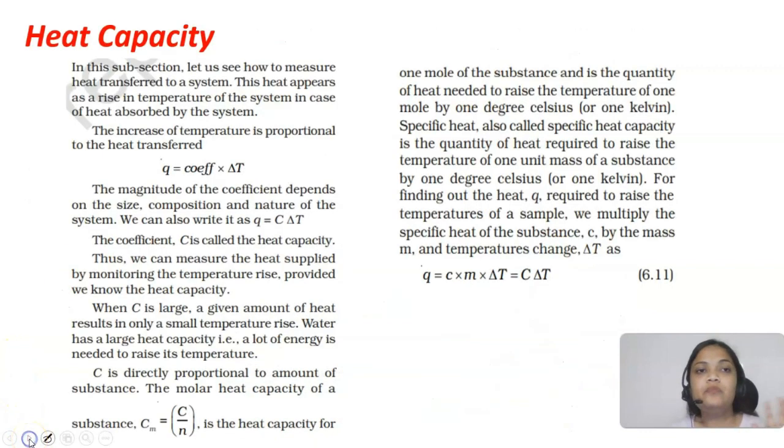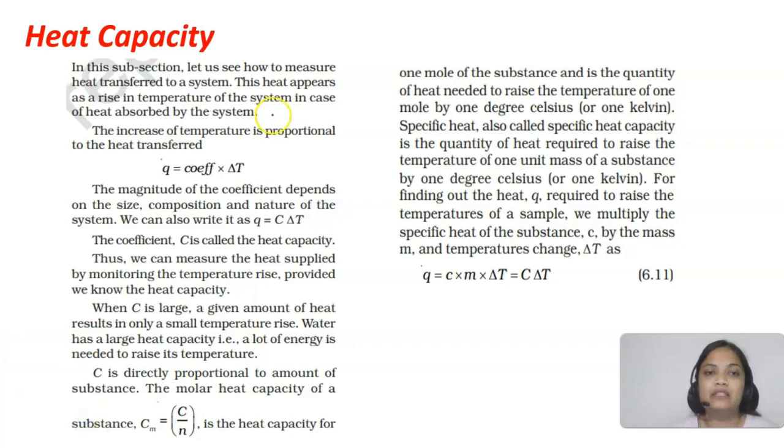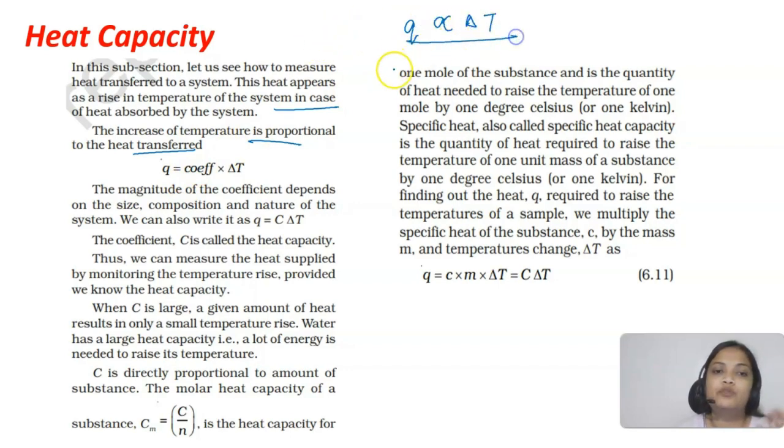Now, the next important term that we will be studying is heat capacity. How do we measure how much heat is transferred to the system? Whenever heat is transferred, whether it is released or absorbed, you can see the temperature change. When heat is absorbed by the system, a rise in temperature will happen. So the increase in temperature is proportional to the heat transferred. So you can say that the increase in temperature, delta T, and the heat transferred are directly proportional to each other.